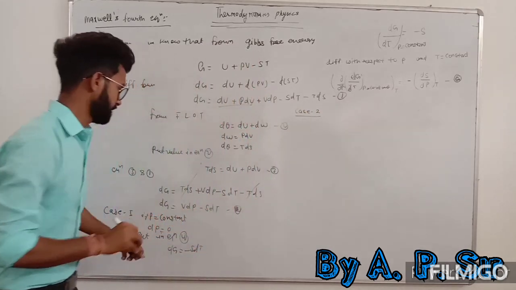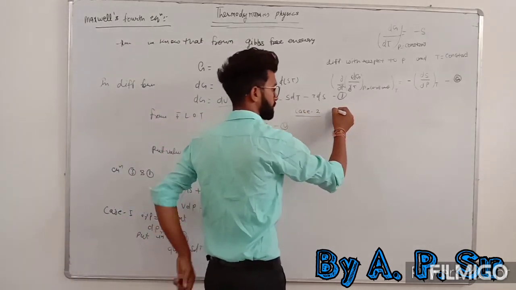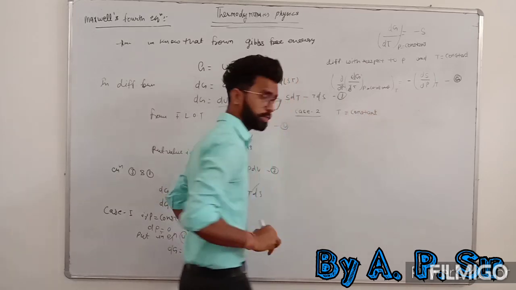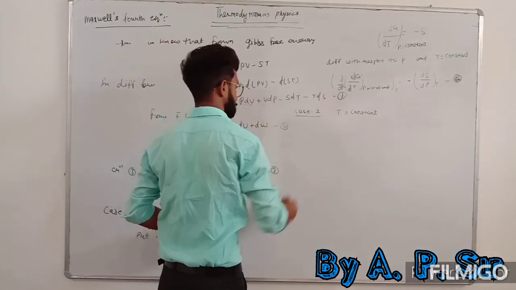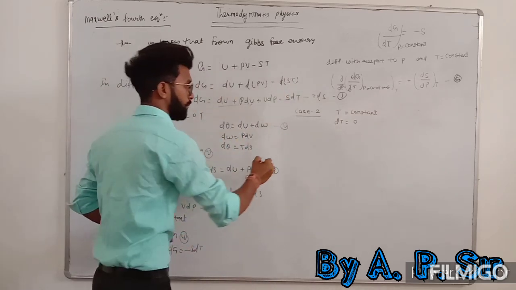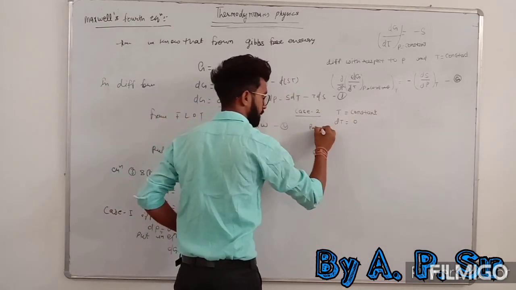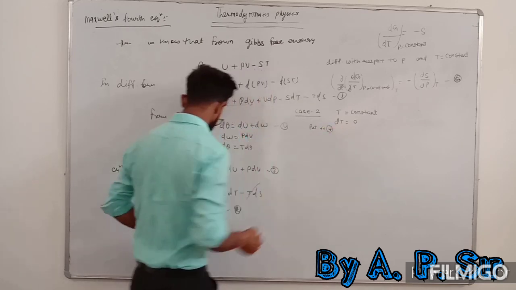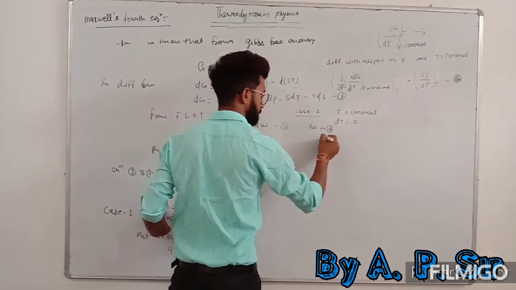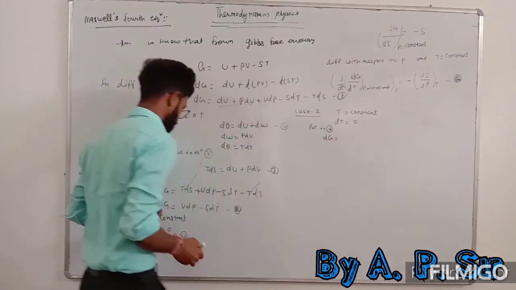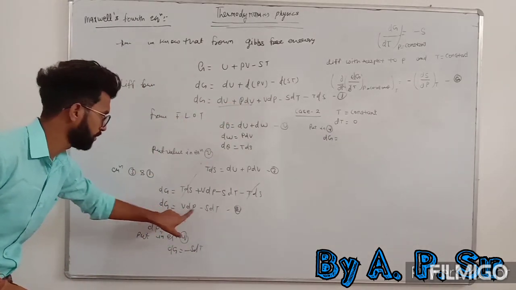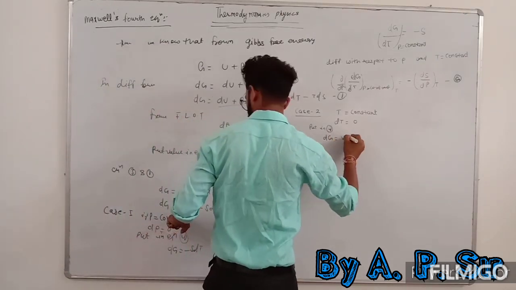The next case, second. What is the case second? Next second is T equals constant. If T equals constant, then dT, the differential form of T, is also 0. Put in equation 4. What is equation 4? Then dG is equal to, due to dT equals 0, this term is 0, and VdP.